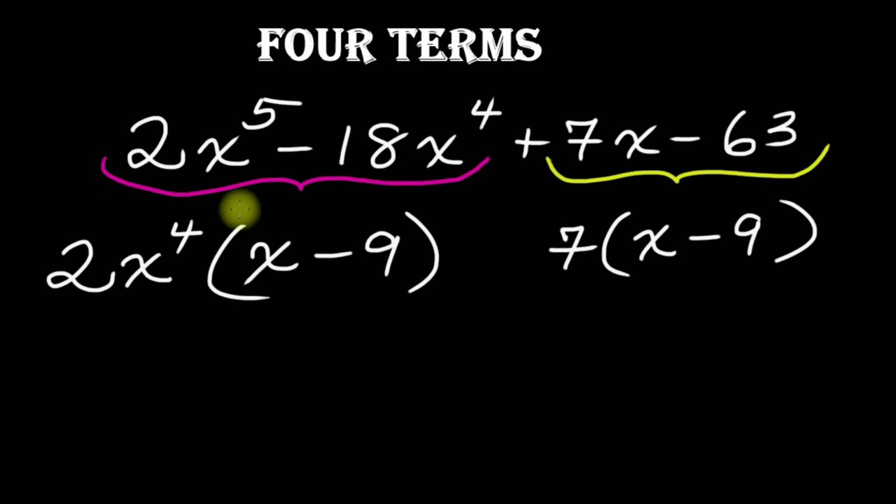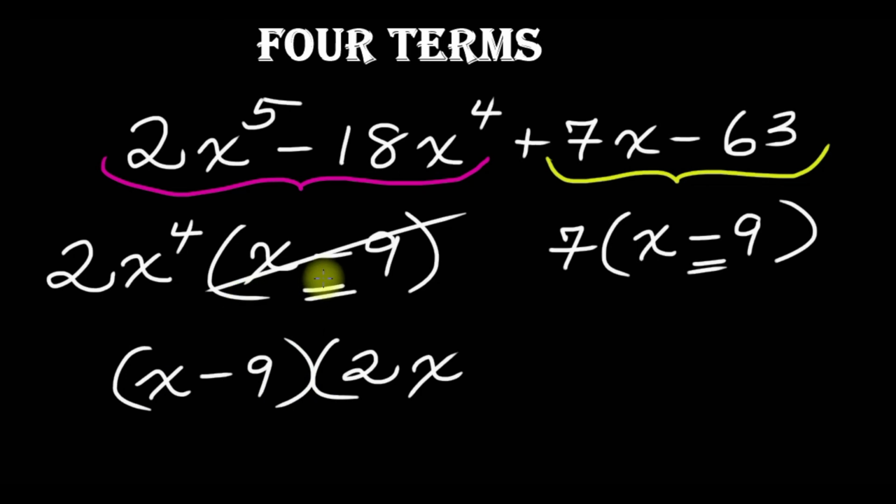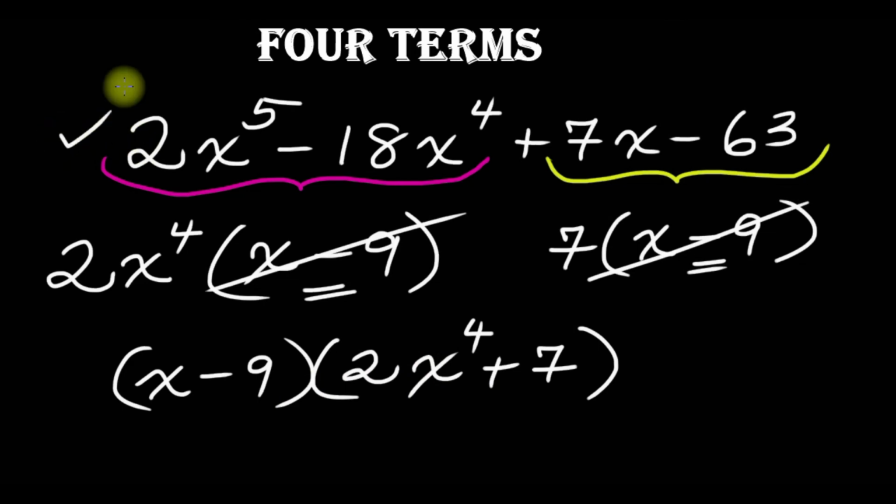So the common binomial is the x minus 9. So you're going to pull that out, x minus 9. You're left with 2x to the 4th. And then you pull this out, you're left with a positive 7. Okay, so those are the factors of the original polynomial.